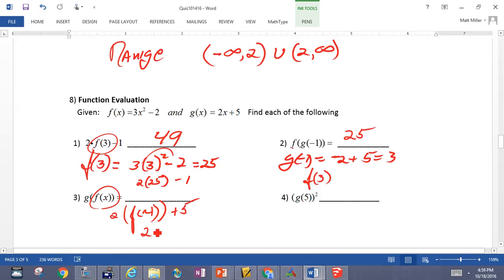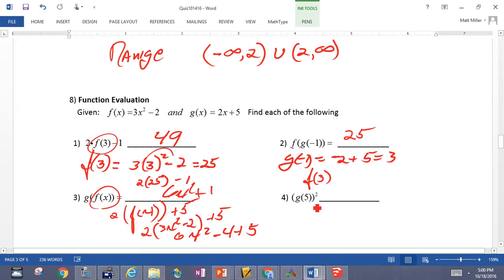So I go 2 times the quantity 3x squared minus 2 plus 5. I distribute my terms, 6x squared minus 4 plus 5. So it looks like it's going to be 6x squared plus 1, right?